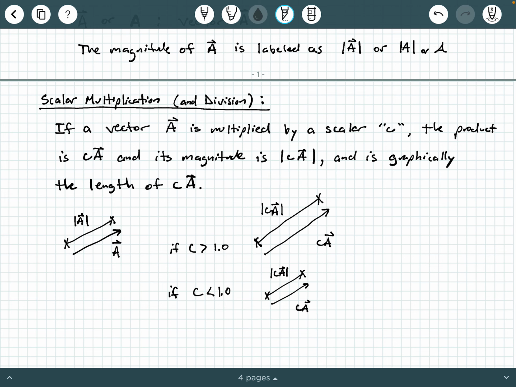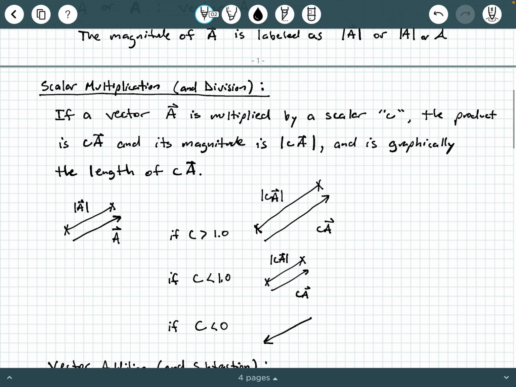What happens if you have a negative value? What happens if C is less than 0? So a negative value. Well, all that's going to do is flip the direction of your vector. So what you're going to have is your vector pointing in the opposite direction.